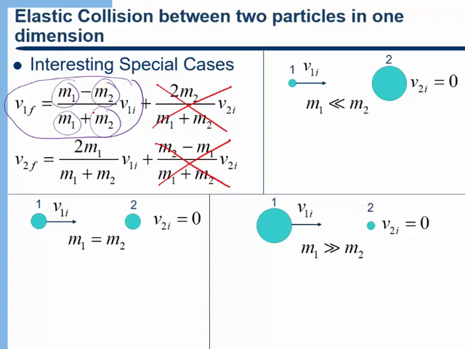In the limit that m2 is way bigger than m1, the m1 is effectively insignificant. And so we end up with minus m2 over m2 times v1 initial. In other words, when a very tiny object bounces off a very big object, the tiny object essentially comes back with a final velocity equal to minus its initial velocity.